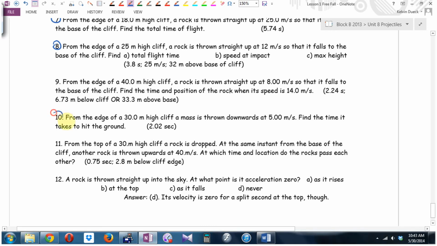Yeah, 10 is good. All of you in number 10, underline the word downwards. What's VI? Don't say 5. Negative 5. And then everything else should be good and okay. Your initial velocity will be negative 5. What's your displacement? Negative 30. A is negative 9.8.